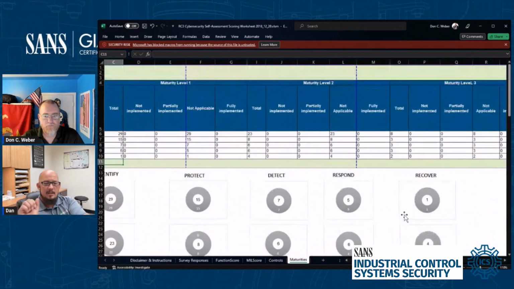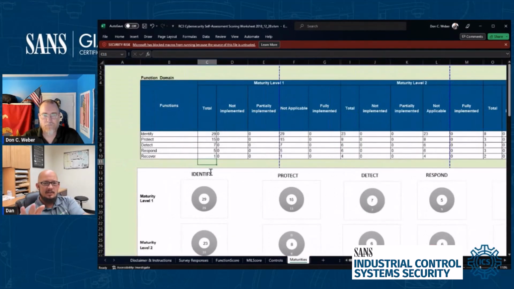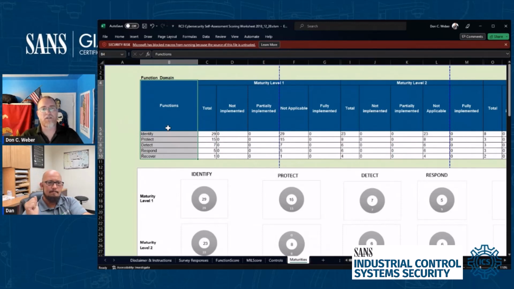But as you fill this out, you would start to see those metrics populate on this slide. Right, and what I've highlighted are the NIST cybersecurity framework functions: identify, protect, detect, respond, recover. All of the functions covered within the cybersecurity framework are identified here.